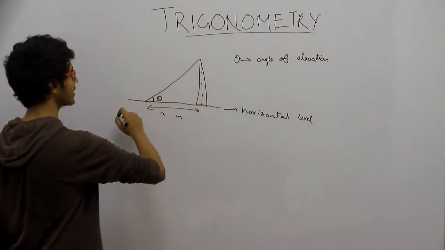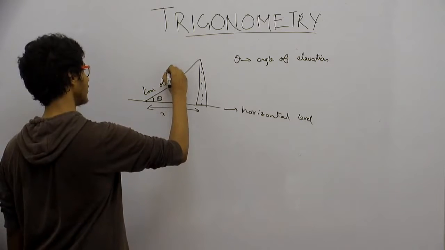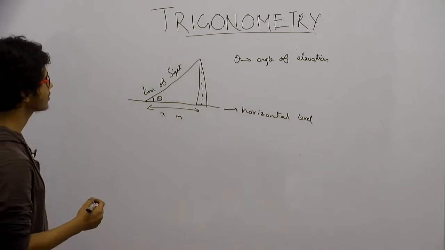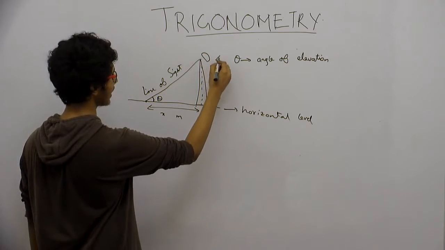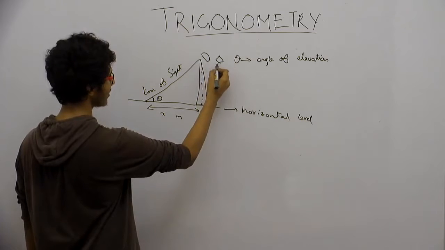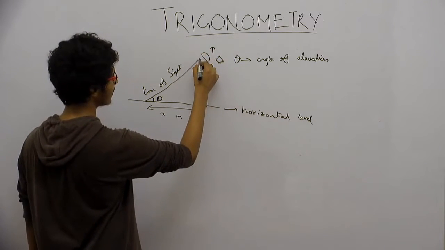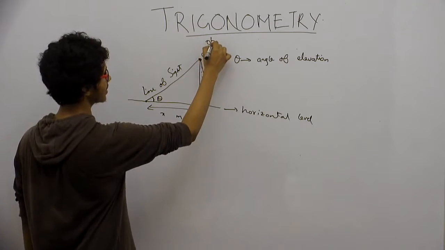This line, this is the observer's line of sight. Now also, suppose if this weren't a tower, if this were a balloon or a kite floating in the sky, this would have been an object. So we call the top of this triangle as the object.